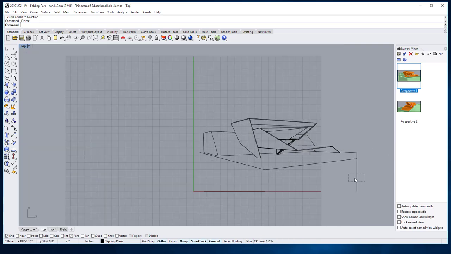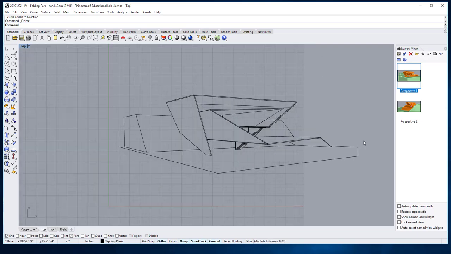And then delete this vertical line, and I'm going to delete these lines as well. Okay, and let's delete these vertical lines, these guys here. Actually, maybe just the back one and this guy.